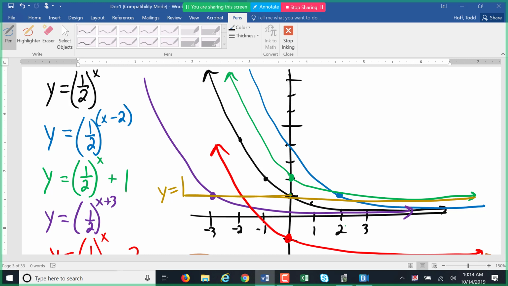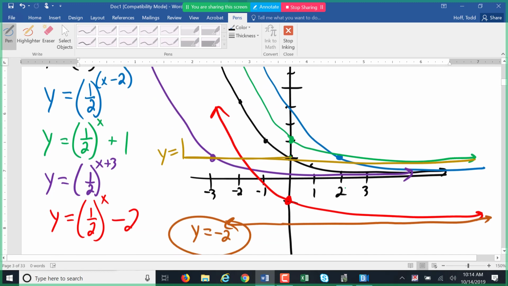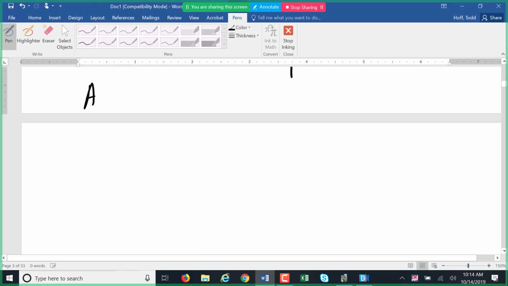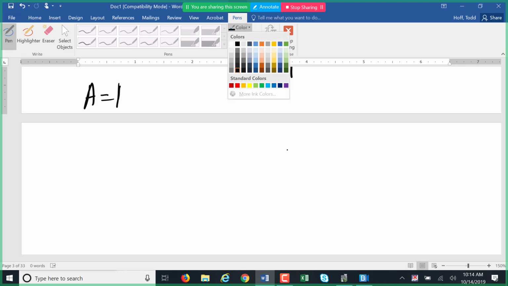Well, in all of our examples so far, we've let big A equal 1. Well, what if big A is not equal to 1? If you recall from our other graphs, multiplying the function by a constant is a dilation.